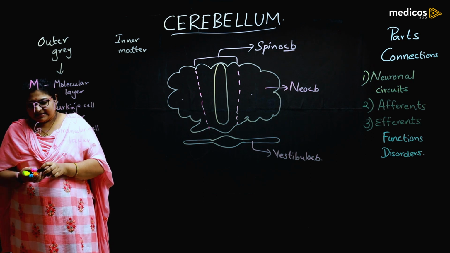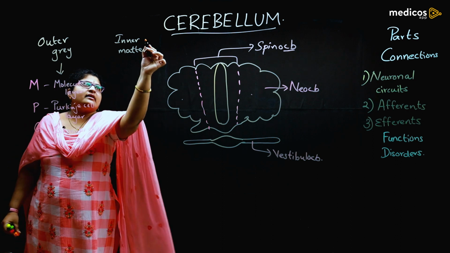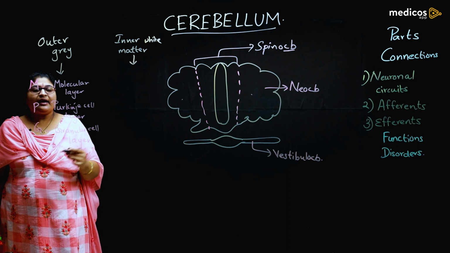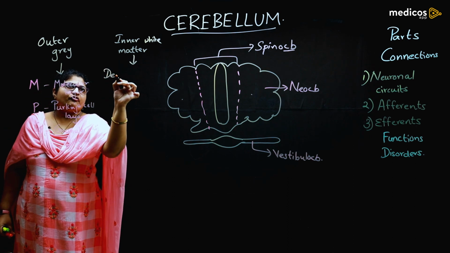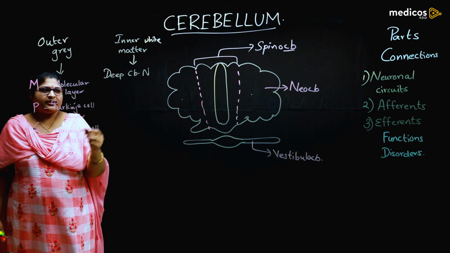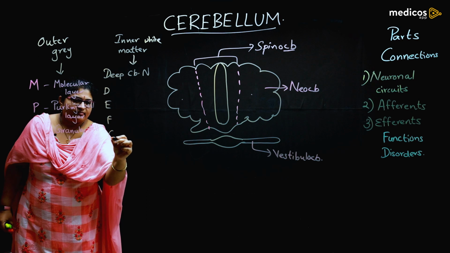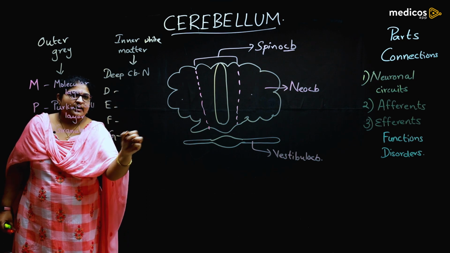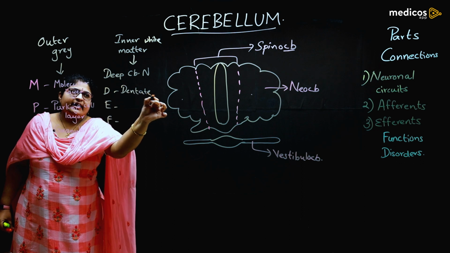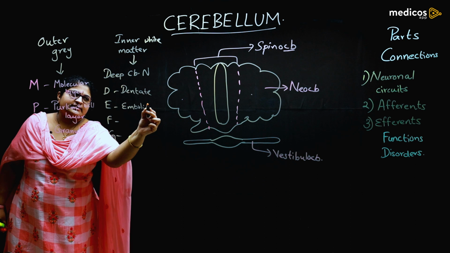And coming to the inner white matter, it has deep cerebellar nuclei. So there are 4 pairs of deep cerebellar nuclei. So what are they? First one is the dentate nucleus, and second is emboliform nucleus.